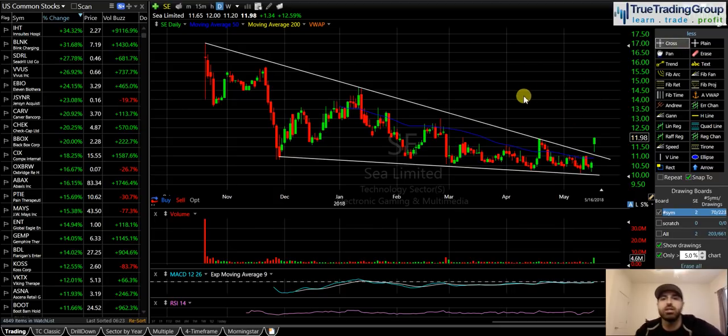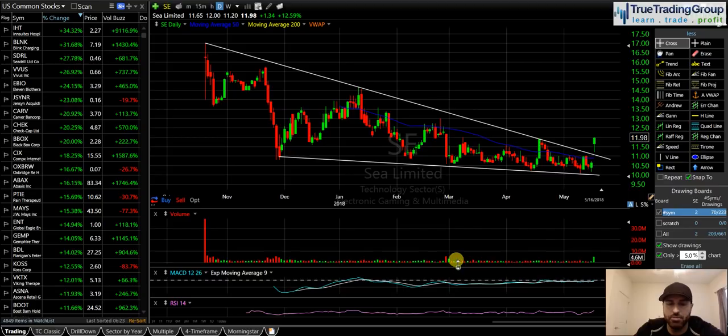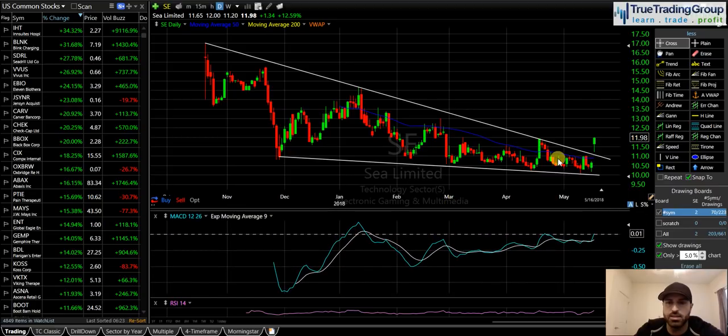Okay, but just seeing a descending wedge is not enough to get me to pull the trigger on a swing trade. I like to see multiple indicators to get multiple signals, and the MACD was screaming trend reversal. Okay, so let me get rid of the volume. I'm going to squeeze up this MACD indicator.